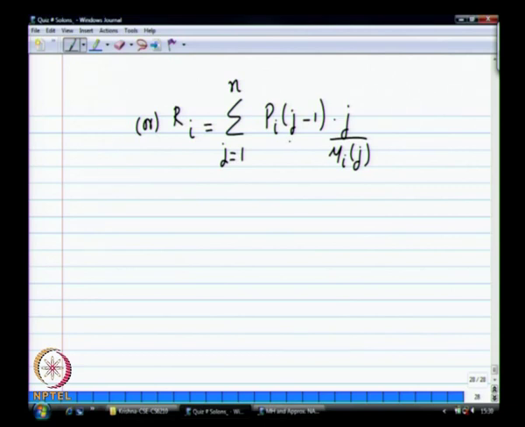So when I start with, say, n equals 1, I will need Pi of 0 and Pi of 0 better be 1. If that is 0 then everything else will end up being 0. That is why that book error is an error. So this is the end of the for loop, and I have computed the Ri's.